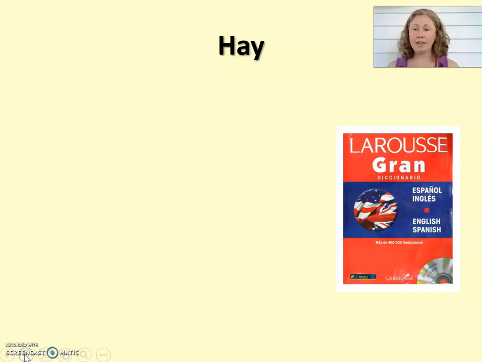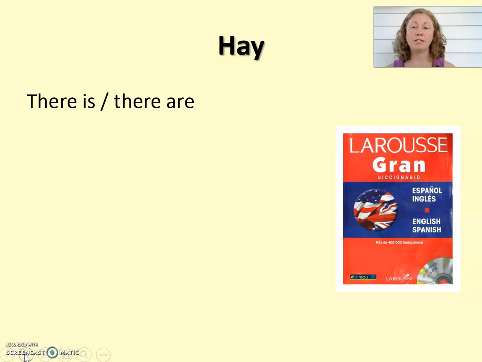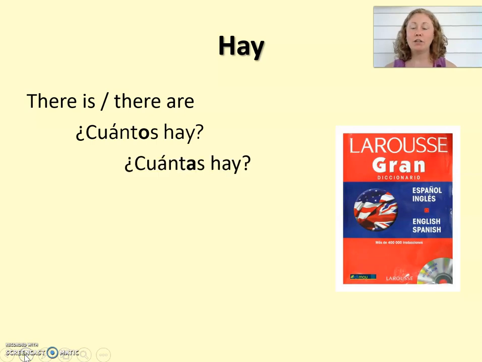The verb hay is used to tell that there is an existence of something. There is or there are. And the pronunciation of this is "I", not "hey". The two questions we're going to ask are going to depend on what gender the object is that we are asking about.